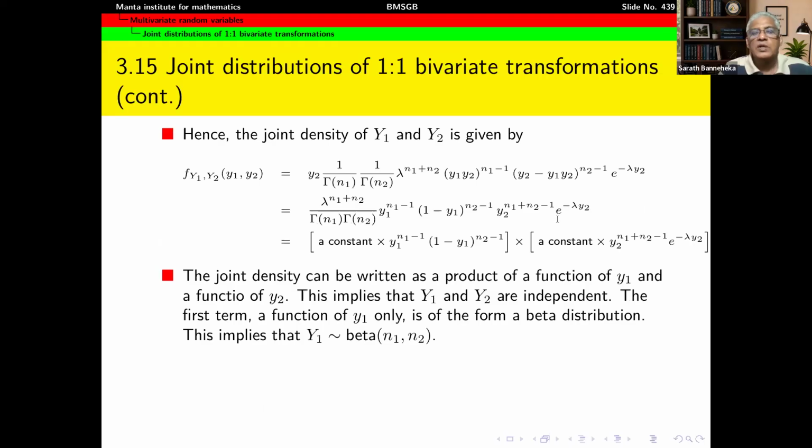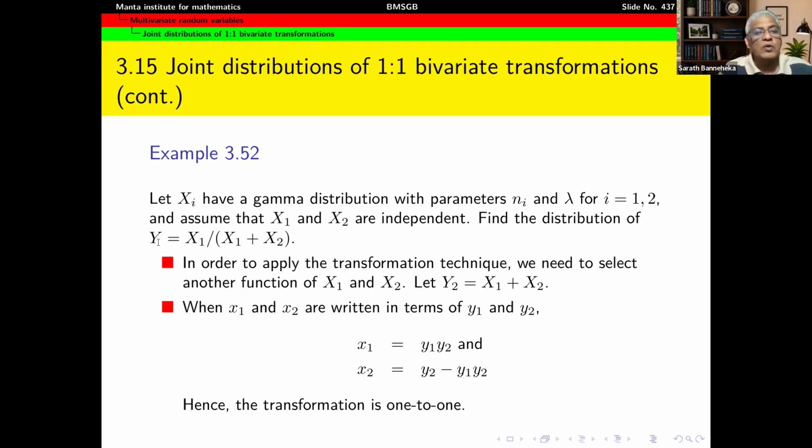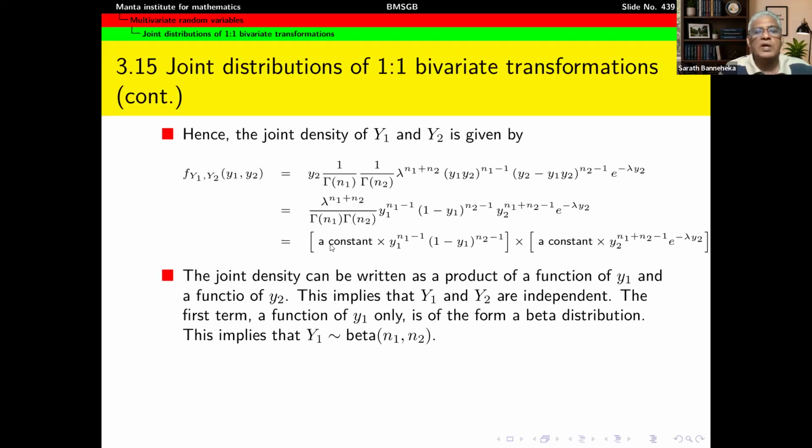Right. Now, what we need is the marginal density of y1 here. Usually we'll have to integrate this joint density with respect to y2 to get the marginal density of y1. But in this case, we don't have to do that. If you carefully observe this, you can see that this function can be written as a product of two terms, where the first term is only a function of y1 and the second term is only a function of y2, right?